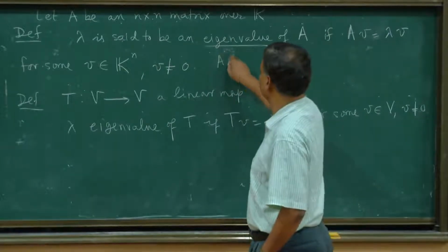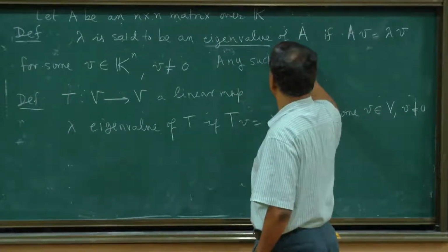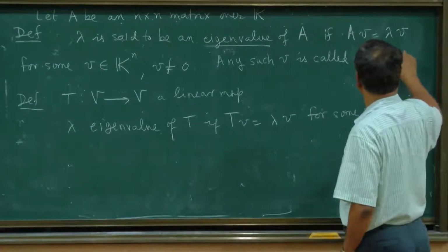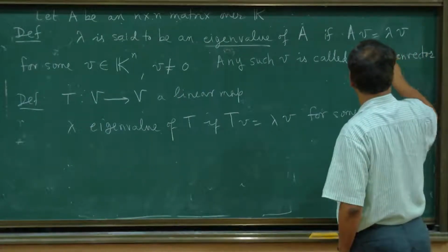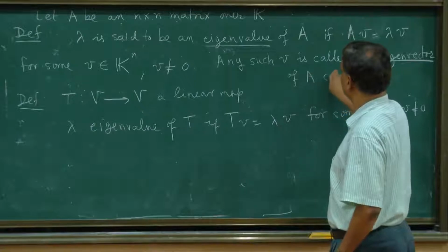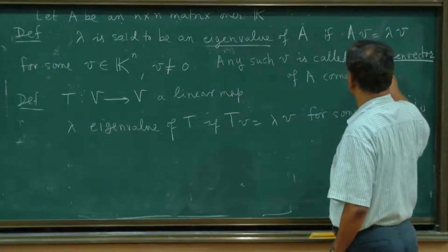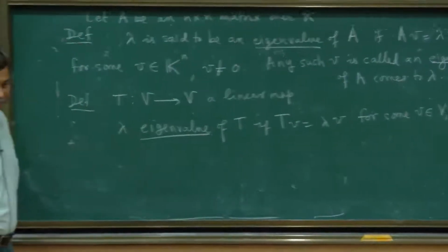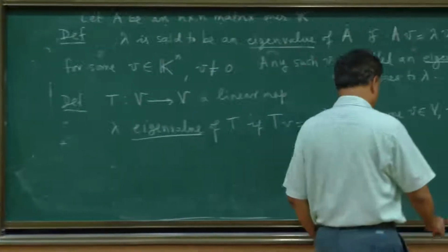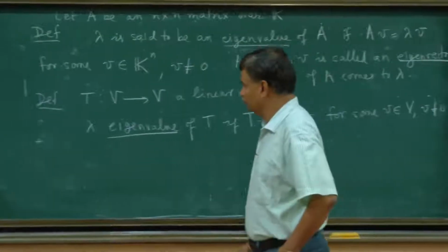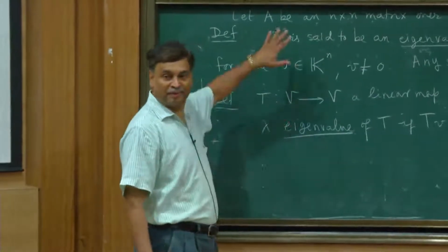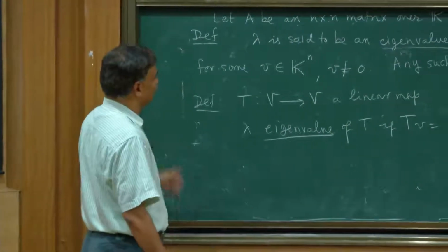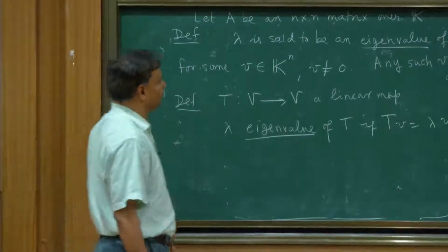Any such V is called an eigenvector of A corresponding to the eigenvalue lambda, and similarly for a linear map. Of course, the earlier moral was that linear maps and matrices are essentially the same, so these two things go parallel. Depending on the whim, I may say either this or that.